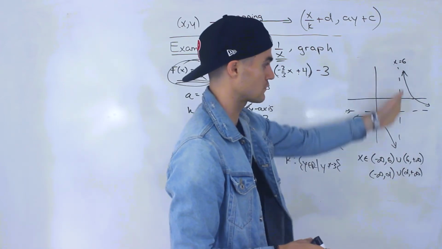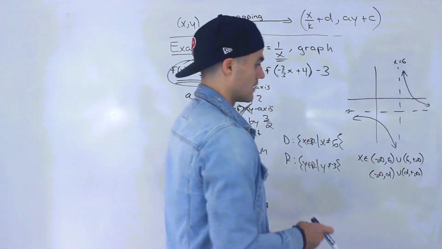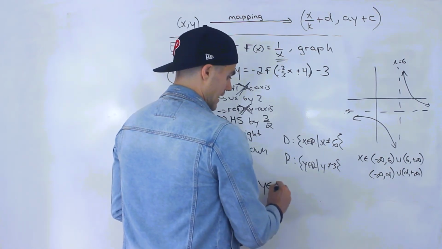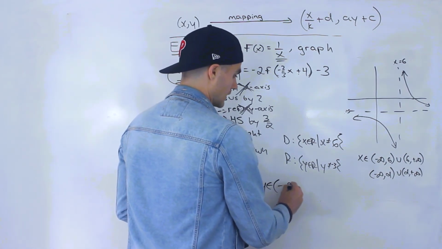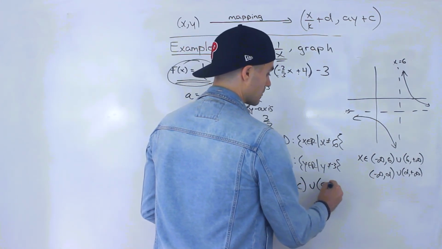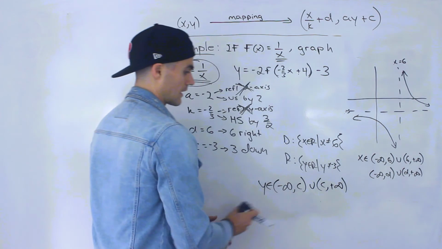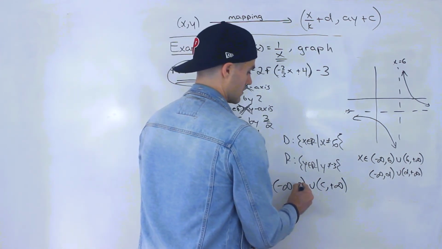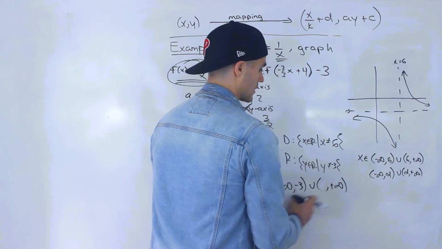It's not inclusive of the 6. And then the range is always going to be y as an element from -infinity to the c value, or from the c value to +infinity. And the c value in this case is -3. And then this is -3 here.